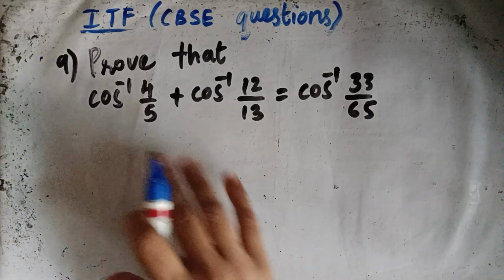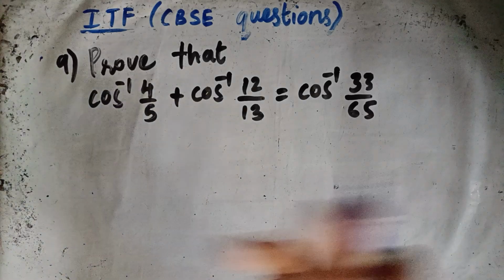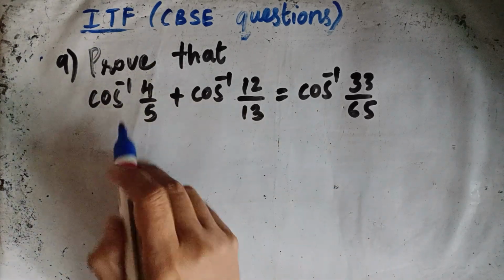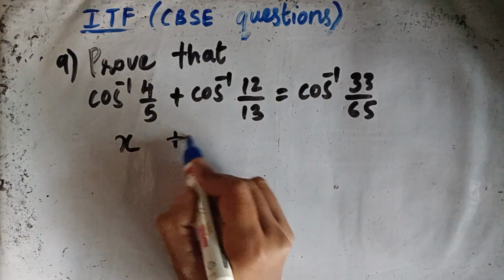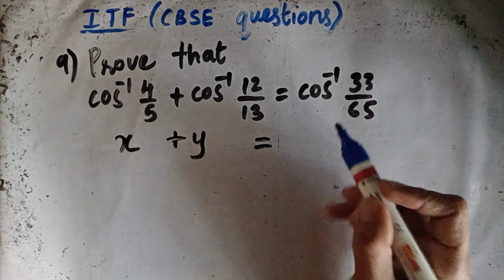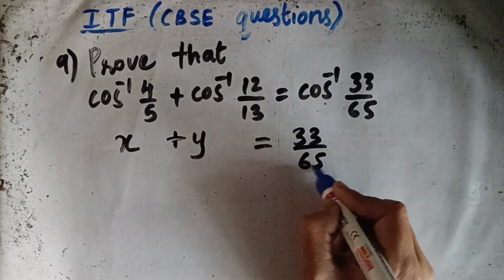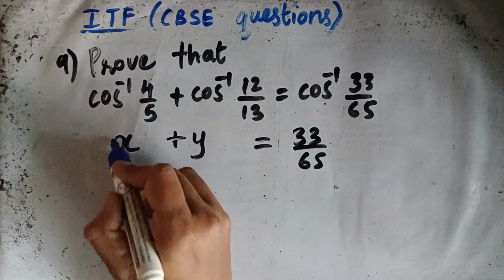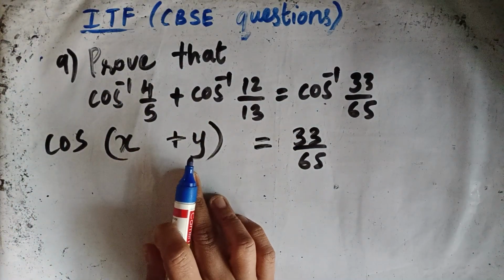Let's solve this. So here you will need help of some trigonometric formula. Okay. Now if I take this as x, this as y, and this here I'll write 33 by 65 and cos inverse I'll take this side, so this will be cos of x plus y, correct?